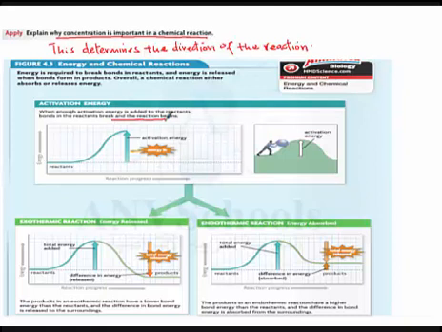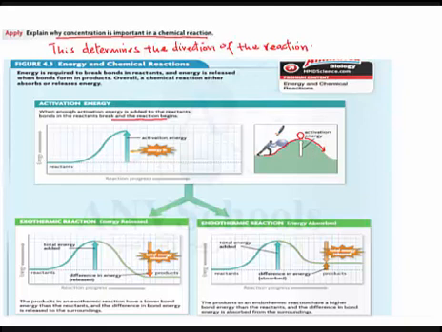Think of activation energy like taking a ball uphill so that it gains energy. When the ball is at the top, it has this activation energy and will roll by itself down the other side.